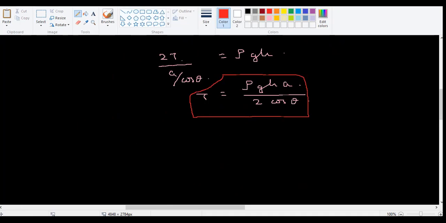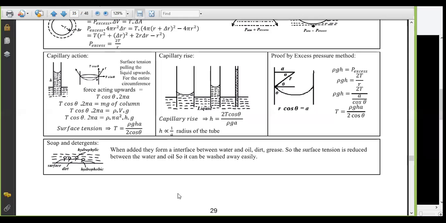Okay, so let's see what is the last topic here. Soap and detergents. It's a very easy topic. I'm sure you have studied this in your 10th standard or in chemistry, right? So does anybody remember what is hydrophilic, hydrophobic? Somewhere in the 10th standard, I think you studied something.